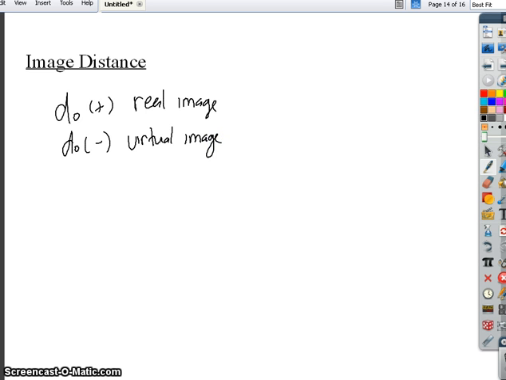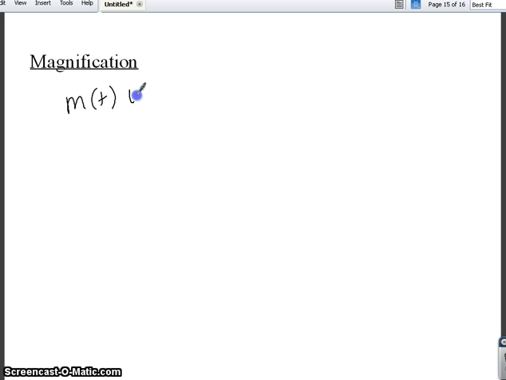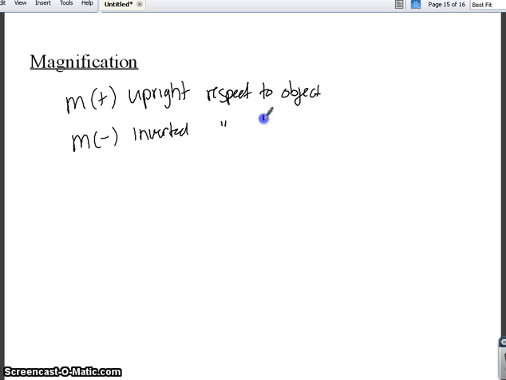Magnification is positive for an image that is upright with respect to the object, and negative for an image that is inverted with respect to the object, which is the exact same for mirrors. As you can tell, these equations are very similar. If you know mirrors, you know lenses. You just have to know how to plug the numbers in correctly, and that just comes with practice.